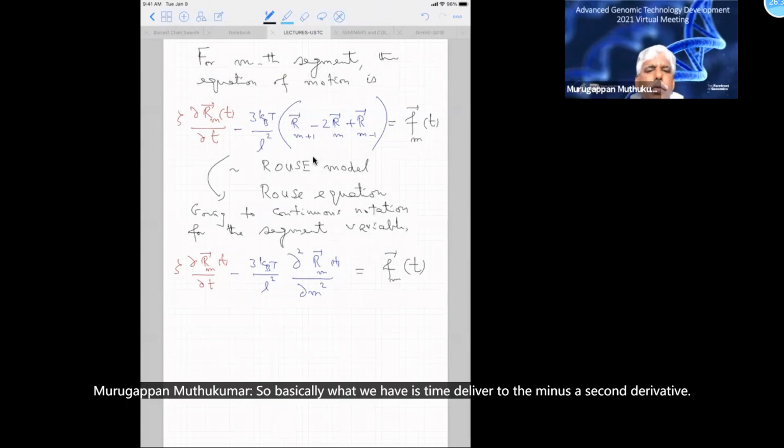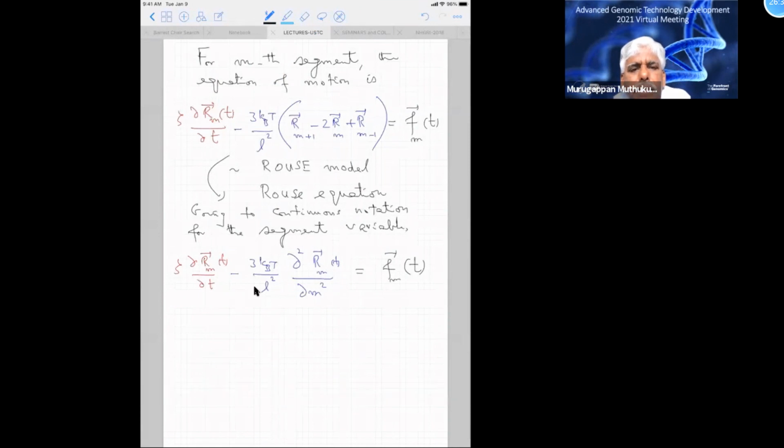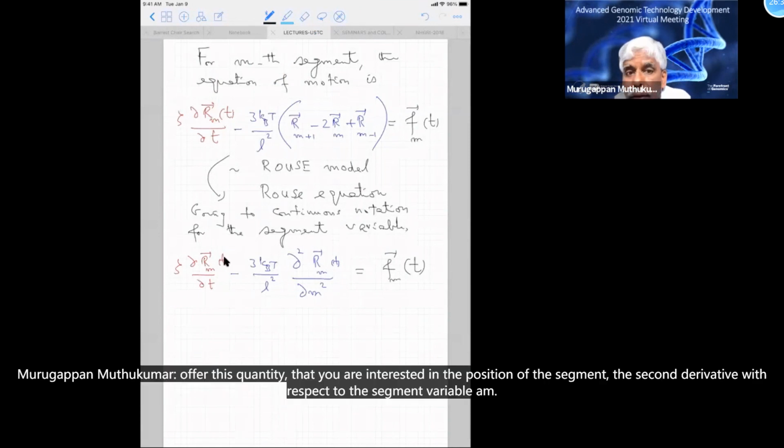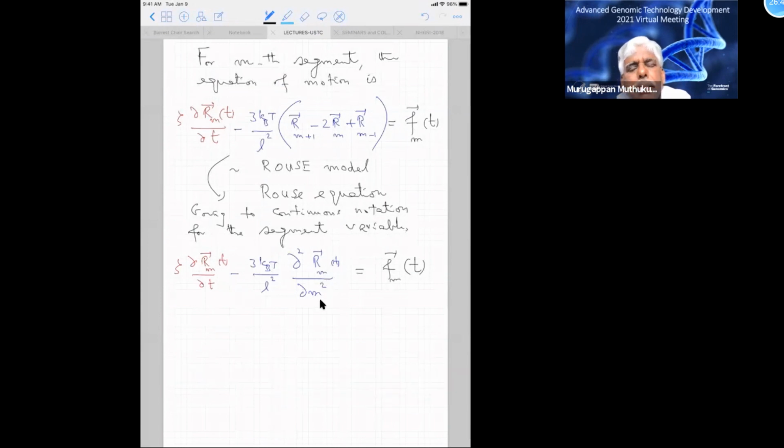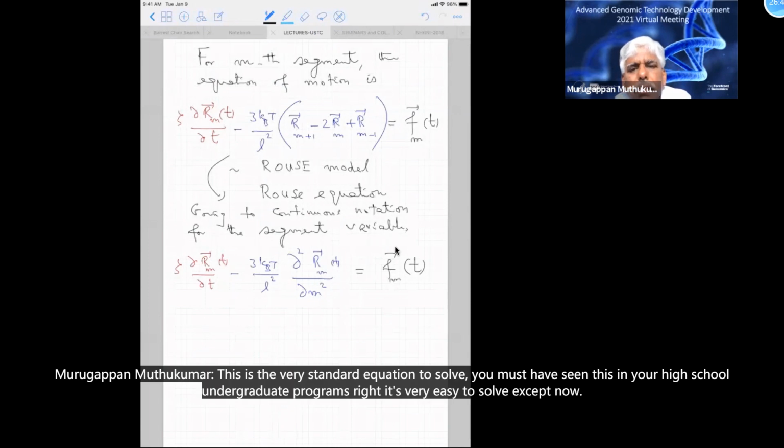So basically what we have is a time derivative minus a second derivative of the quantity we are interested in, the position of the mth segment, with respect to the segment variable m. This is a very standard equation to solve. You must have seen this in your high school and undergraduate programs.